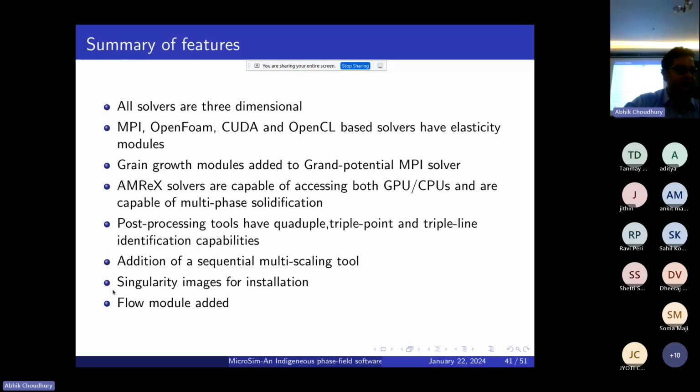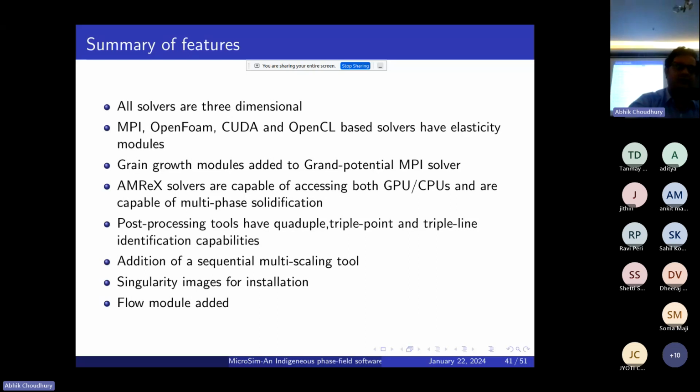For ease of installation, we now have Singularity images, where all that you need for your solvers is packaged as a Singularity image. So irrespective of what exists on your machine, you can put that onto your computers without affecting any other installation. You will enter the Singularity environment and do your calculations there.